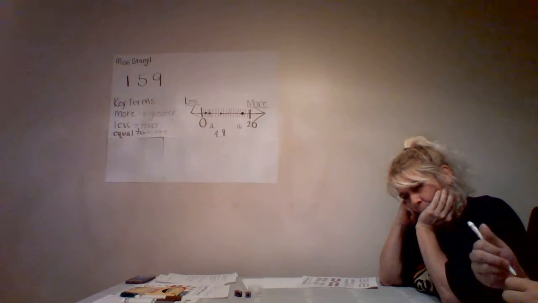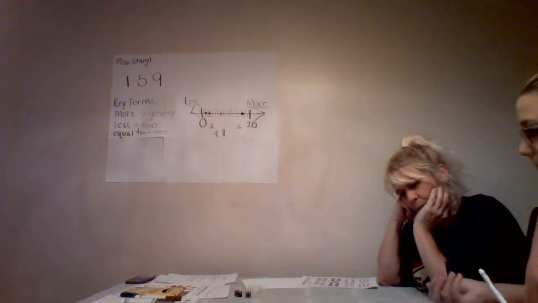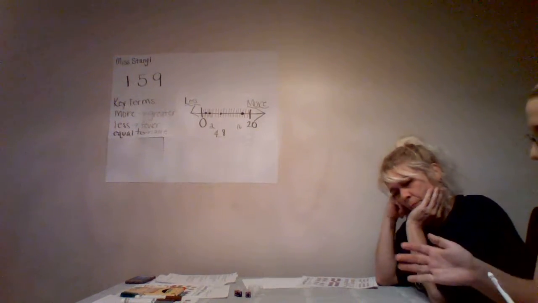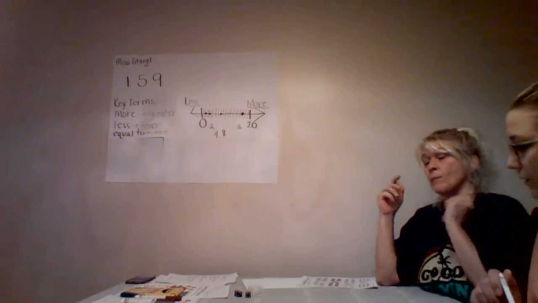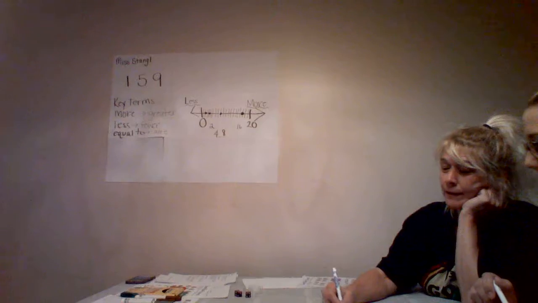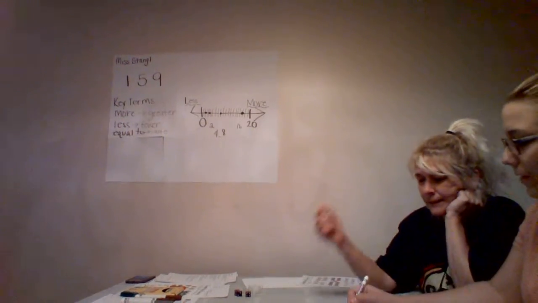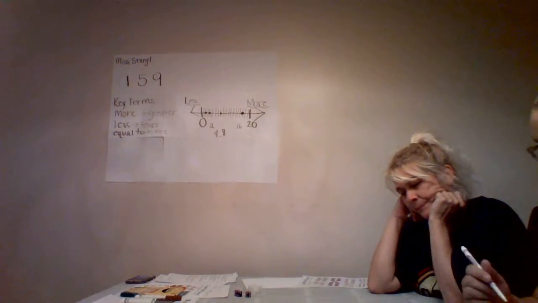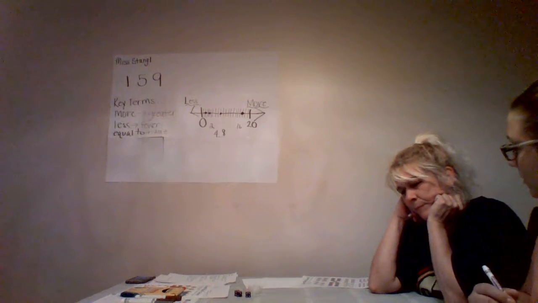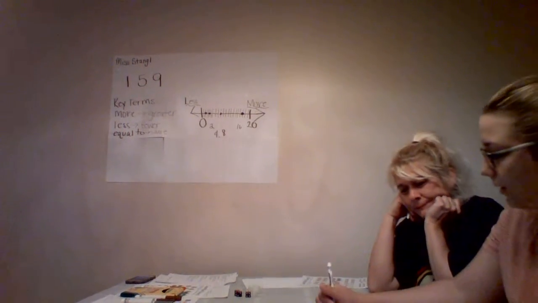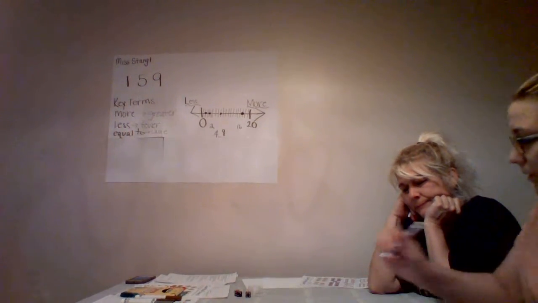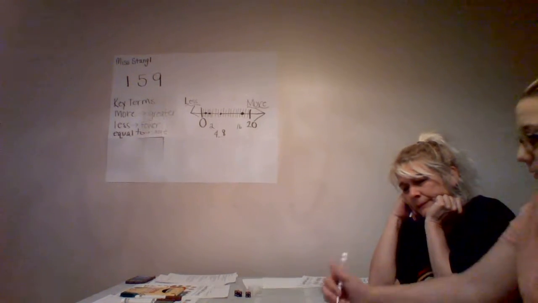Yep, it's less. Alright. Okay, and then we can go again. I won. 4. Okay, and then I got 3. So which one's more? 4. Okay. And which one's less? 3. Alright, good job.